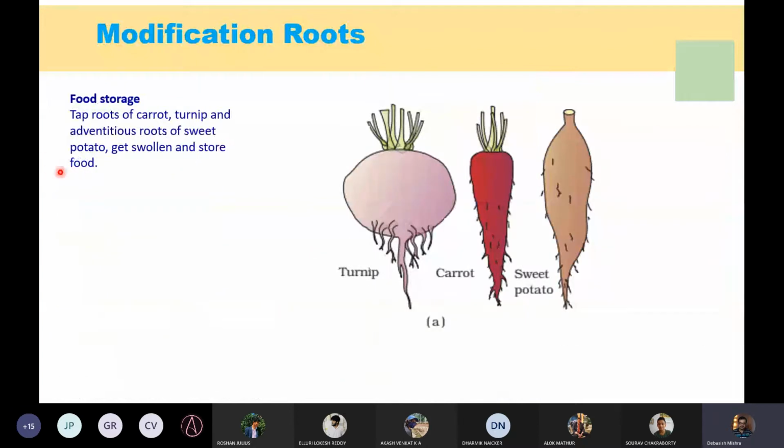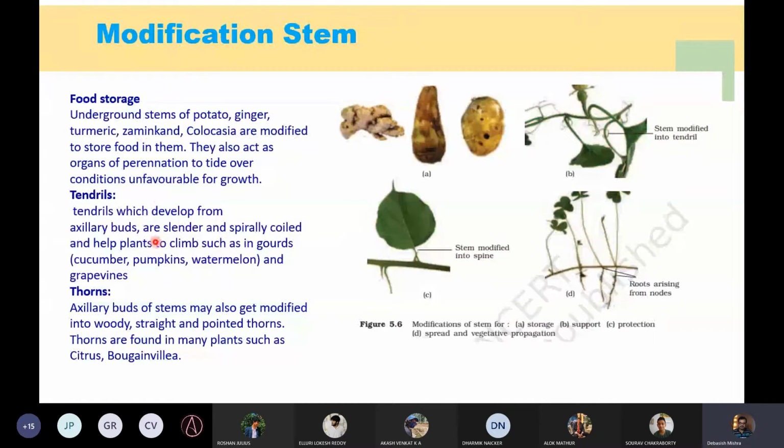There are other roles roots also do. They can store food. We have turnips, carrots, sweet potatoes. They are also modified roots actually. Then we have stems. Stems always look straight and have branches, leaves, flowers, but they can do other functions also.